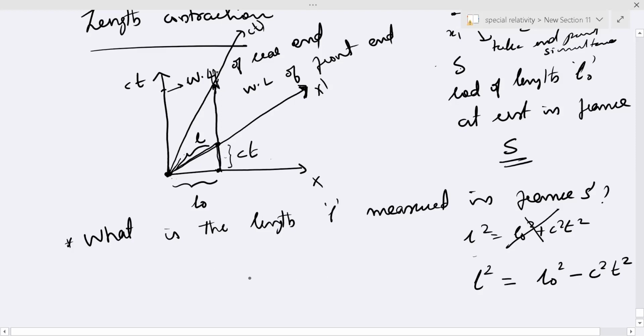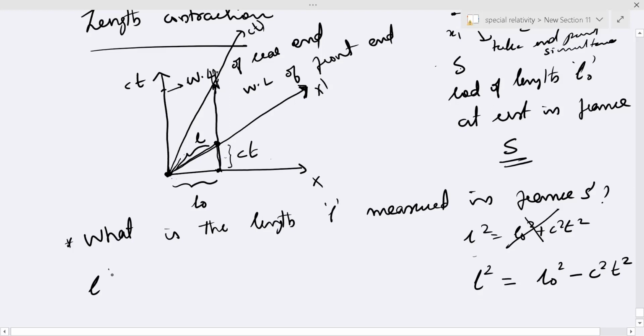This is the generalization of the Pythagoras theorem in space-time, or in Minkowski geometry. Or if this is not really intuitive, we can construct the invariant quantity in both frames. We are looking at the space-time separation between these two points.